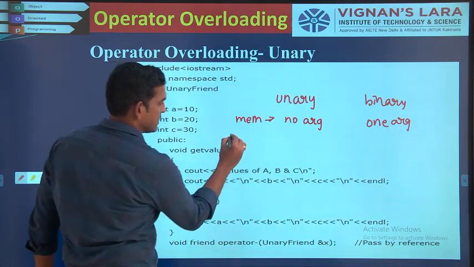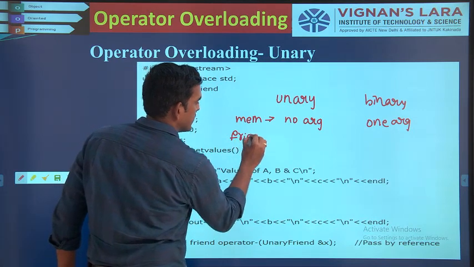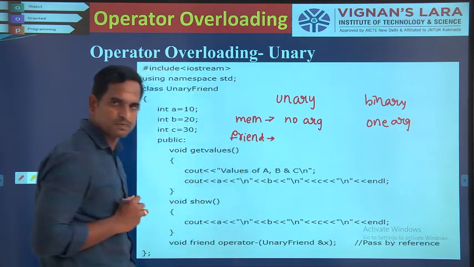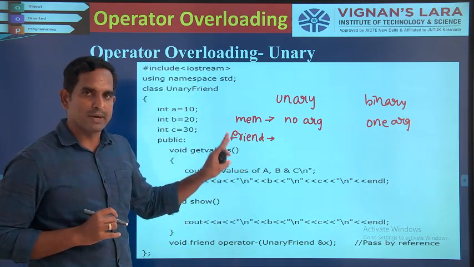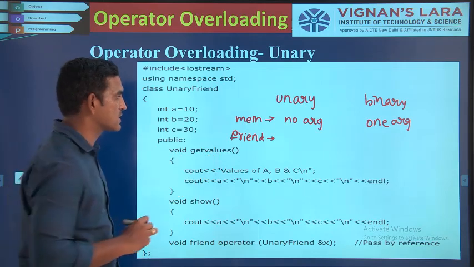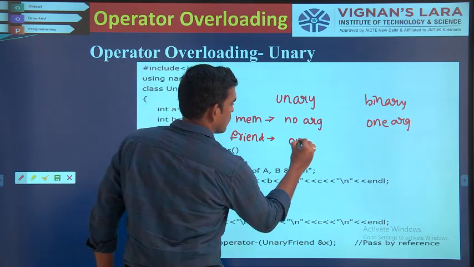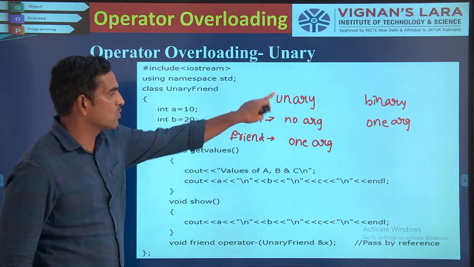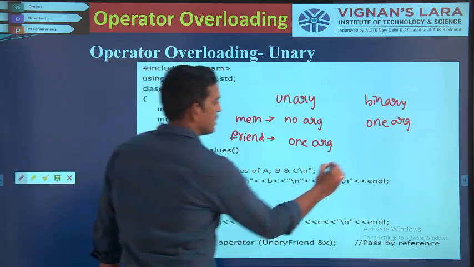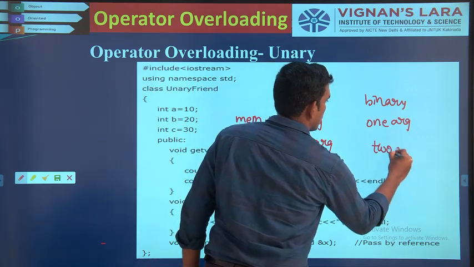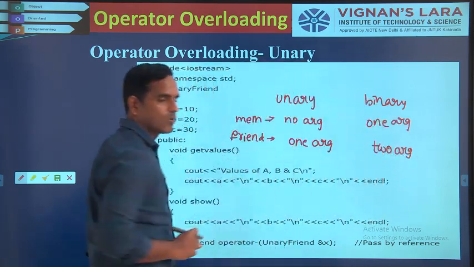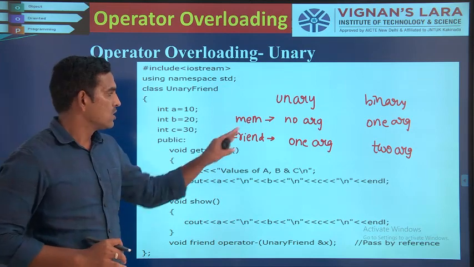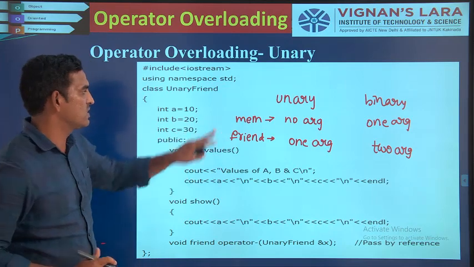If I use the same operator function as a friend function, then while overloading, you have to pass one argument for a unary operator, and you have to pass two arguments while overloading binary operators. You have to remember the difference between these two things.